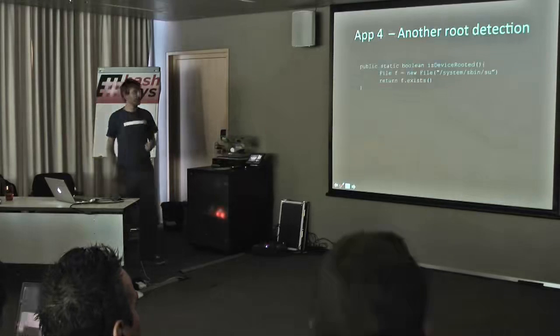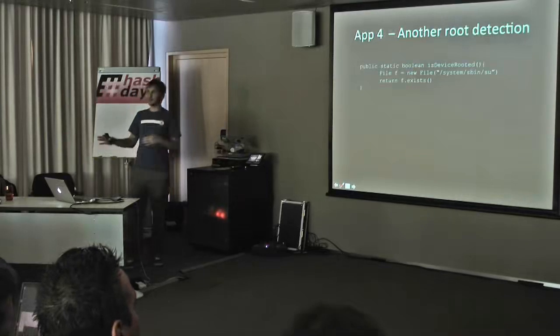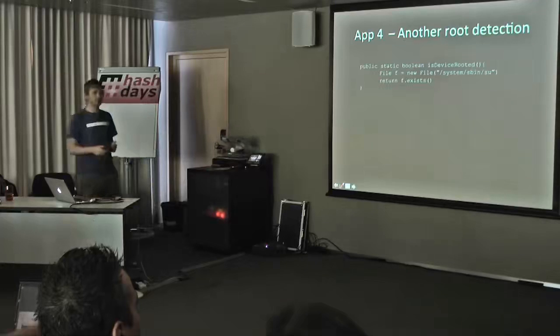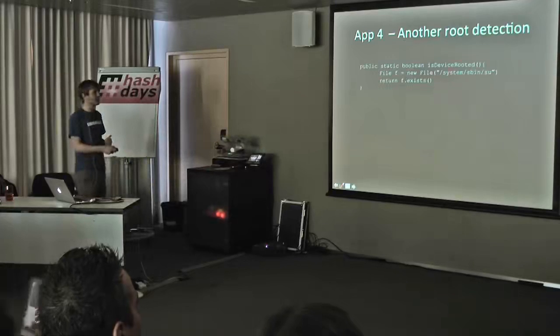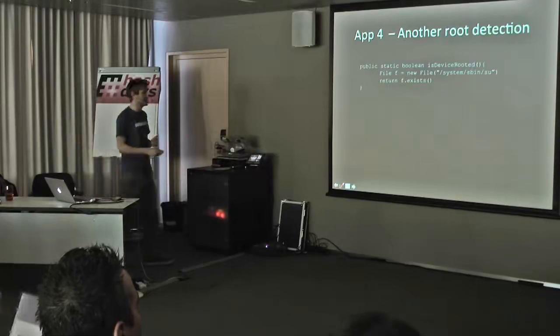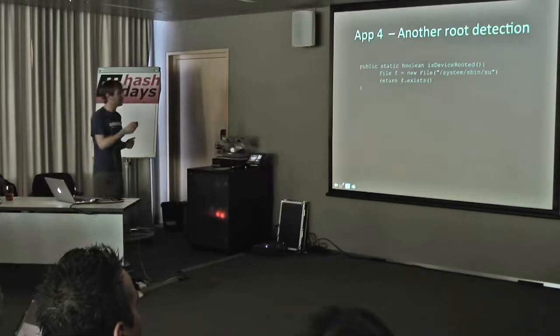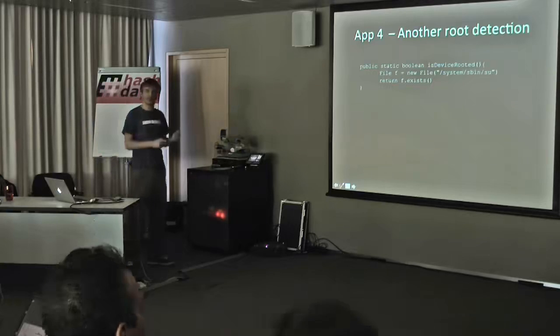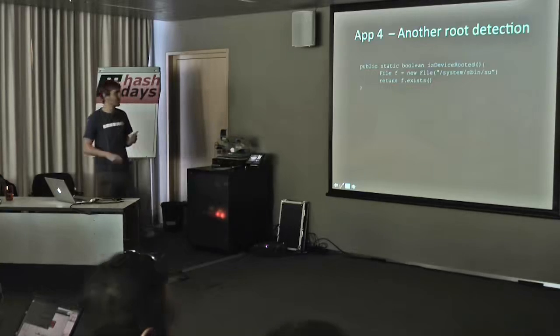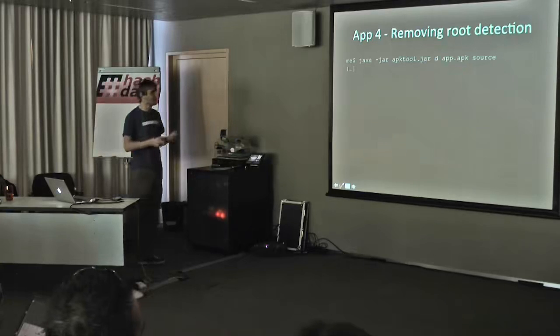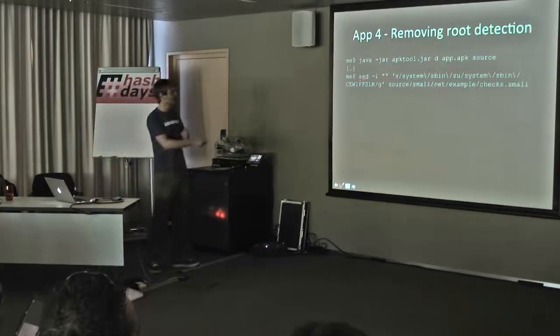Of course, another vendor is trying exactly the same, just a little bit differently. They're checking if the system sbin.su file exists or not. And I thought, yeah, let's alter this app and change something. So I disassembled it, and then I used the sed command.